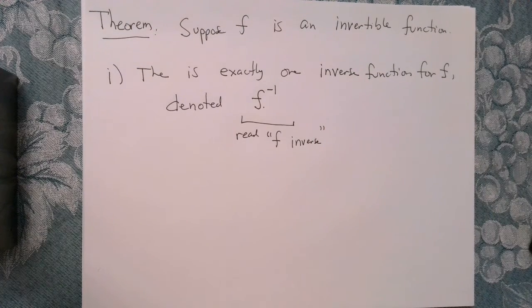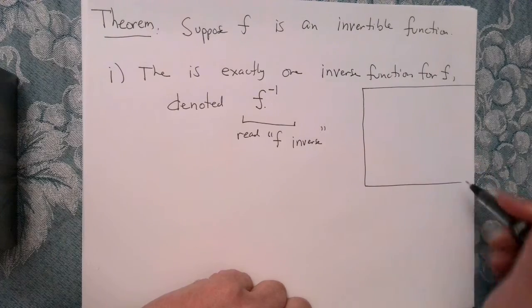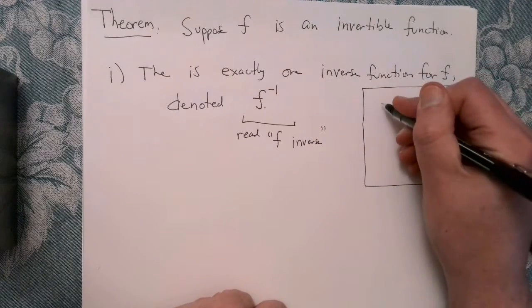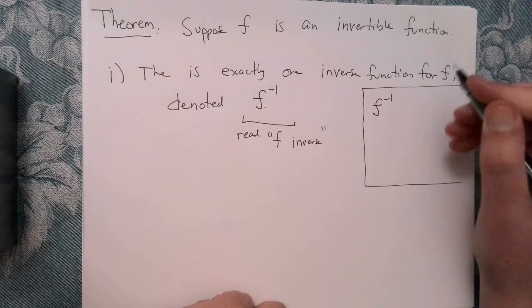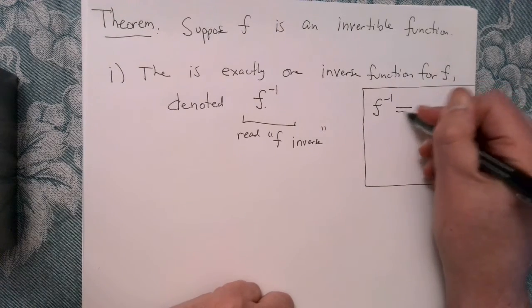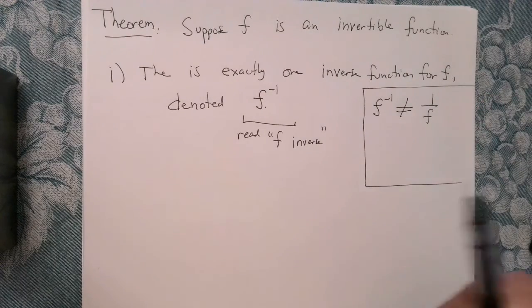So this is a little bit of an abuse of notation that we often do in mathematics. We recycle. Sometimes it's confusing to new learners, and I can understand why. So this refers to the function inverse. This is not 1 over f to the first. So we're not using exponent notation in the typical way.